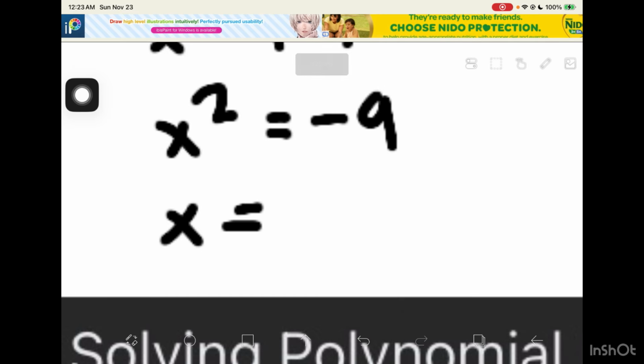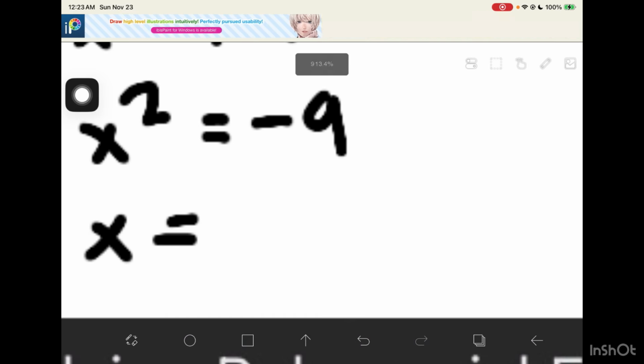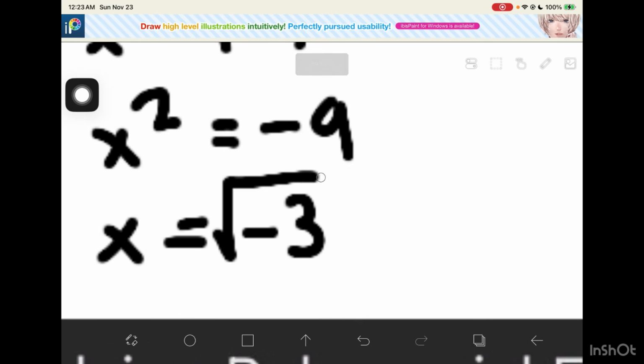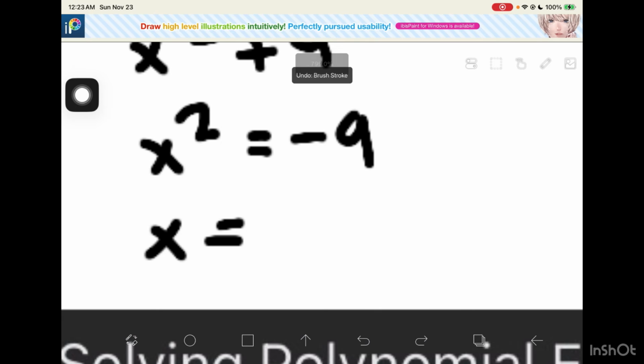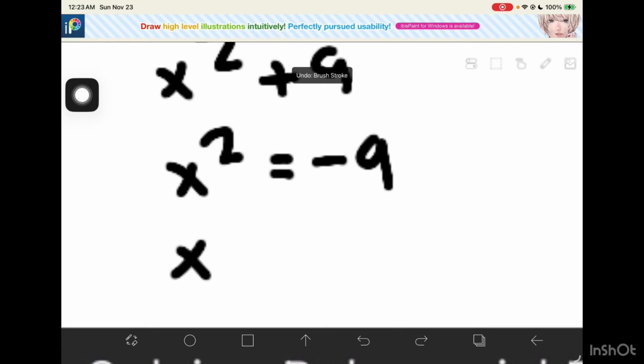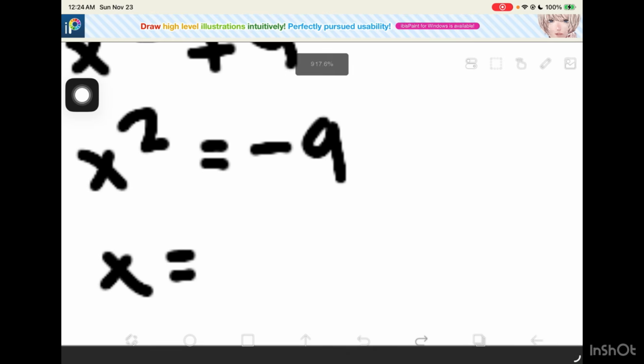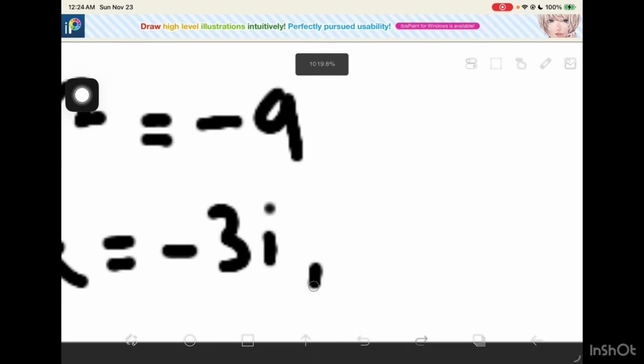So x is equal to square root of negative 9. Sorry. Yeah, we square root both sides to get x is equal to 3i or negative 3i.